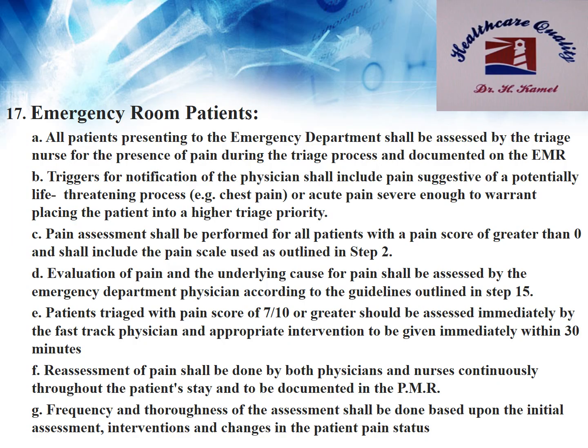Pain assessment shall be performed for all patients with a pain score of greater than 0 and shall include the pain scale used as outlined in step 2. Evaluation of pain and underlying cause for pain shall be assessed by the emergency department physician according to the guidelines outlined in step 15.